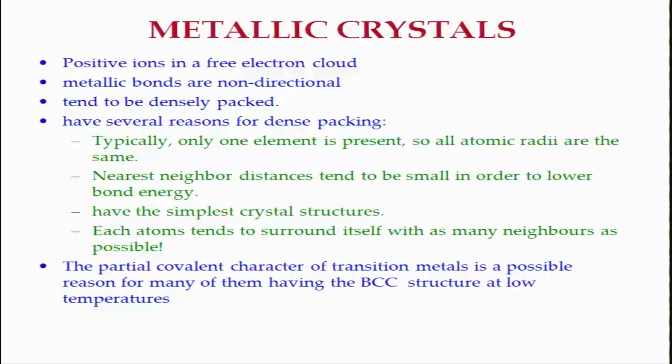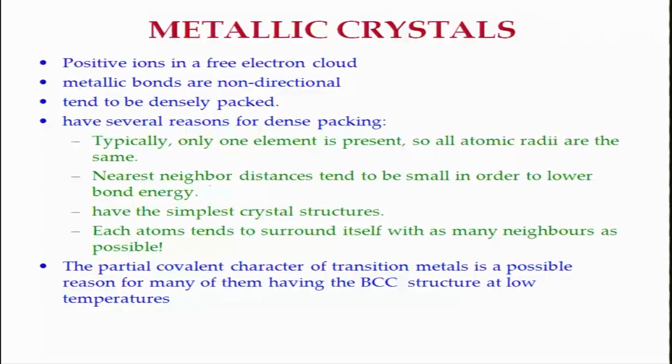They tend to be densely packed, and there are several reasons for dense packing. One, typically only one element is present, as a result all the atoms have the same radius. If you have multiple radii present, there may be confusion about which one to choose as a neighbor, and there may be a lack of order. But since you have only one type of element present by and large, they undergo dense packing.